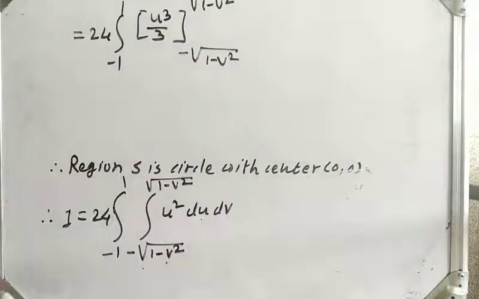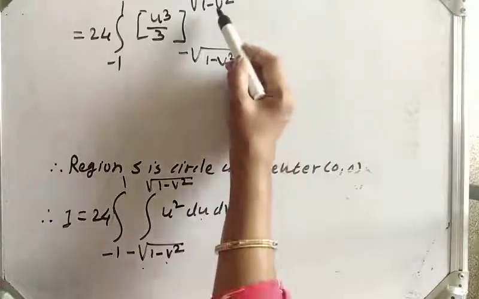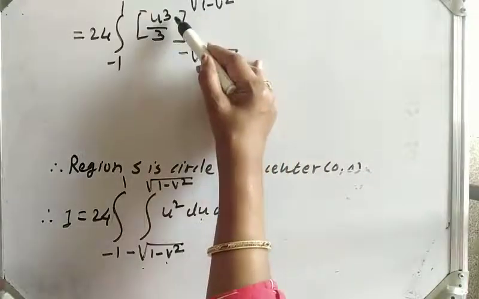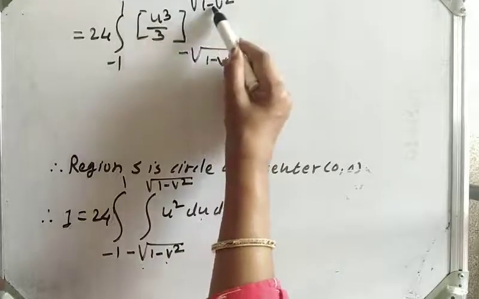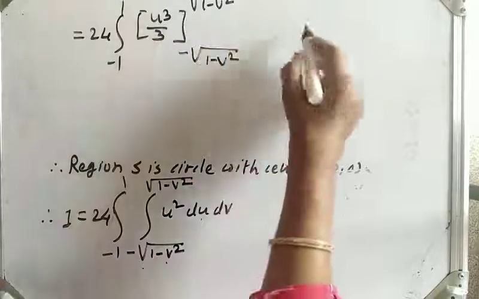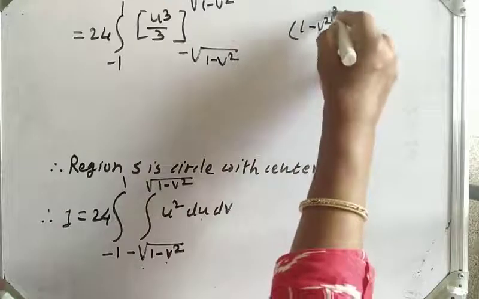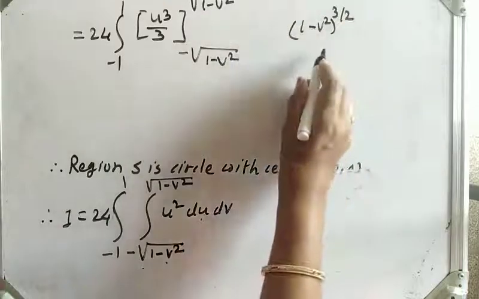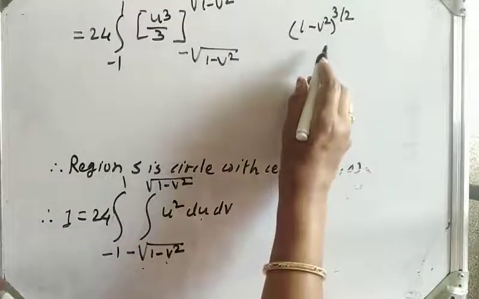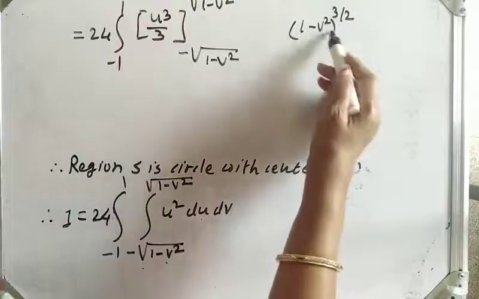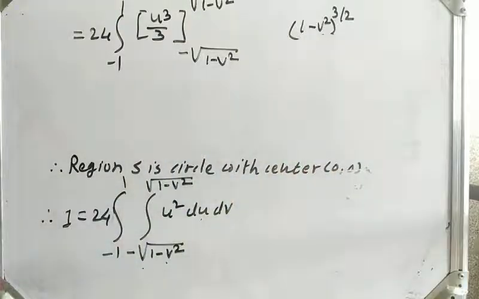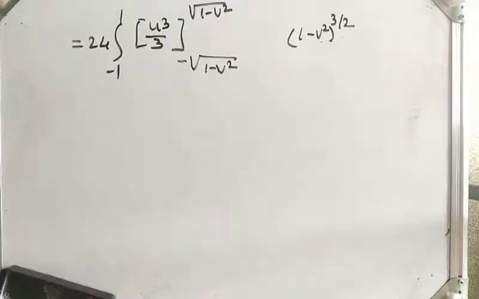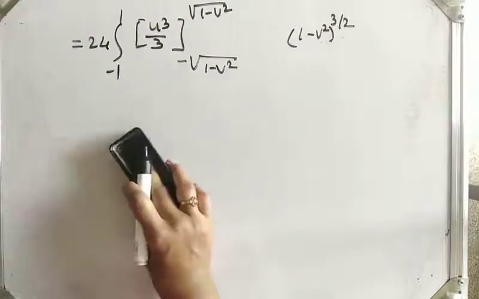Applying the limits, we get 1 minus v square raised to 3 by 2, and that will be somewhat difficult to integrate with respect to v. So in spite of taking a strip parallel to the u axis, let us take a strip parallel to the v axis.